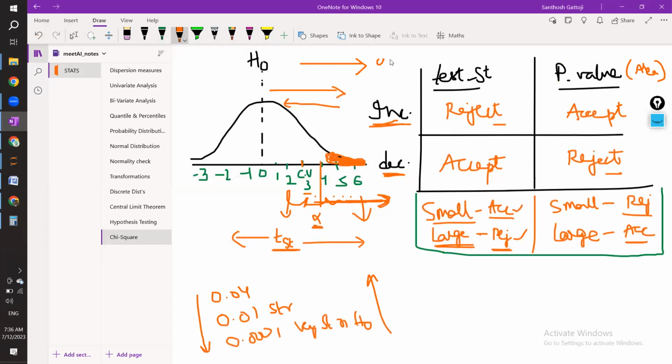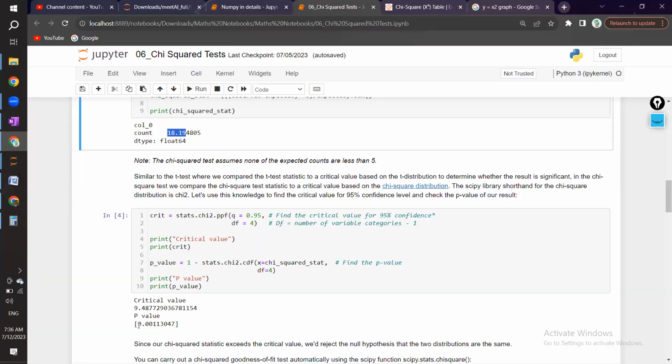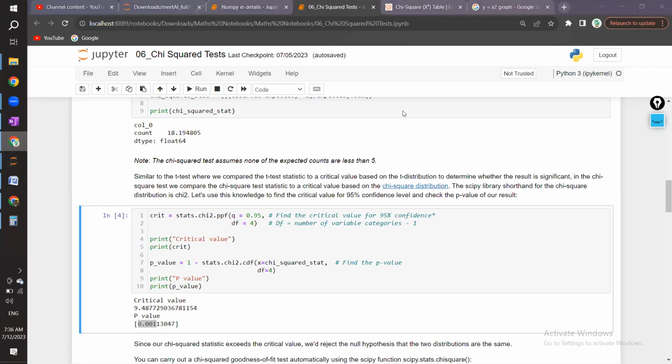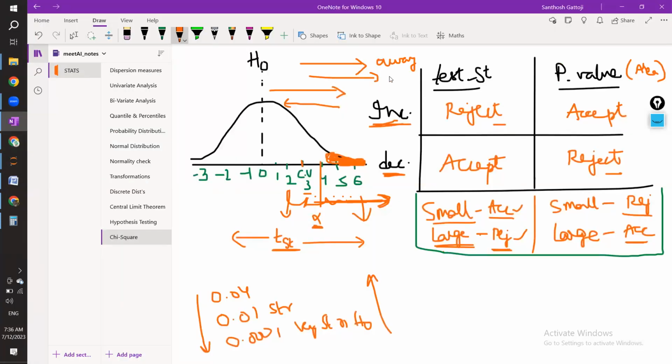And the p-value, 0.001, is also a small value. The p-value also moved away, so we are going to reject. In any case, if you are moving away from the null hypothesis, whether by test statistic or p-value, you will always reject it. But for a test statistic, you move away when the value is larger.